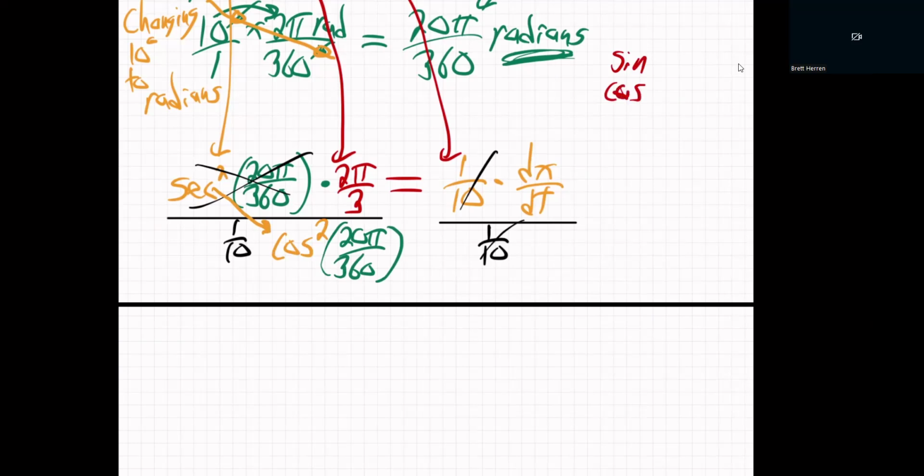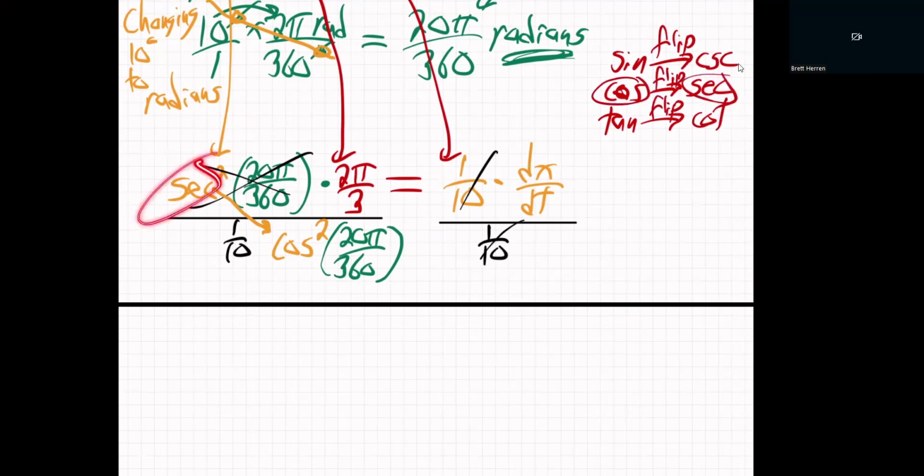Sine, cosine, tangent, and then you just flip, flip, flip, and you get cosecant, secant, cotangent. Remember that? Flip, flip, flip. It's just upside down. So cosine is just upside down of secant. So if you have secant on the top, that's the same thing as cosine on the bottom. Secant squared, same as cosine squared. Just move it to the bottom.